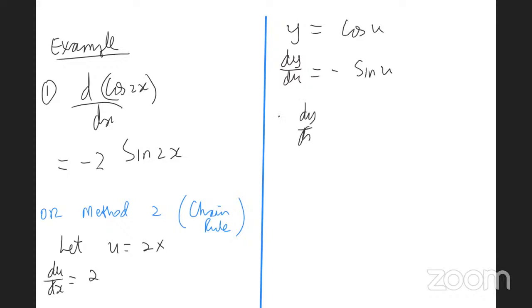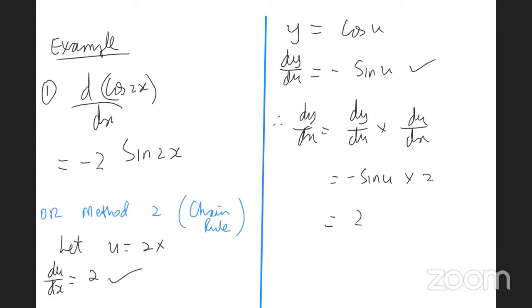So therefore, dy/dx is equal to dy/du times du/dx. dy/du is minus sin u. du/dx is 2. So that is minus 2 sin u. Right? So your final answer is minus 2 sin 2x.